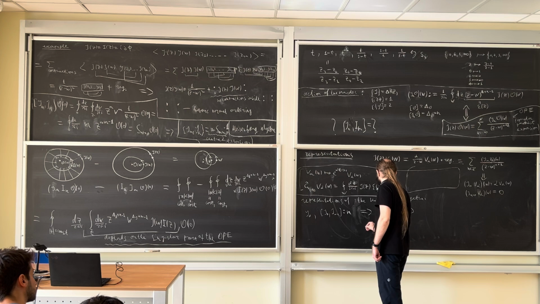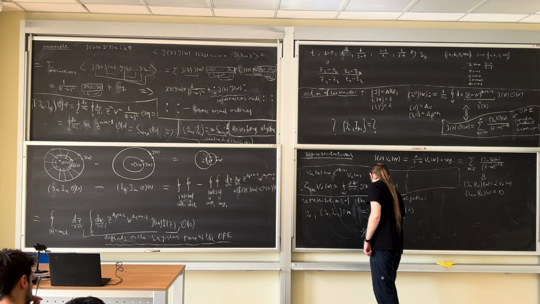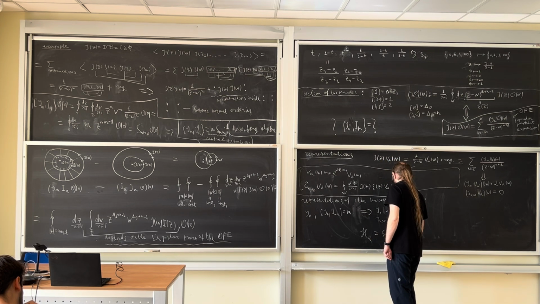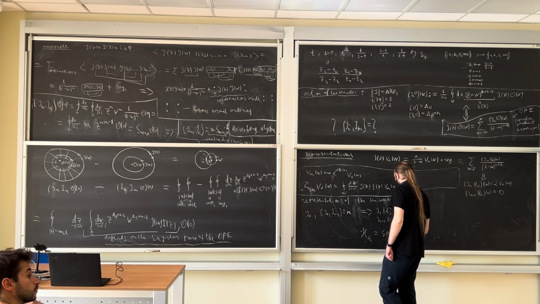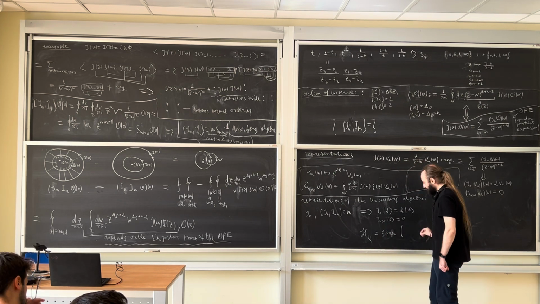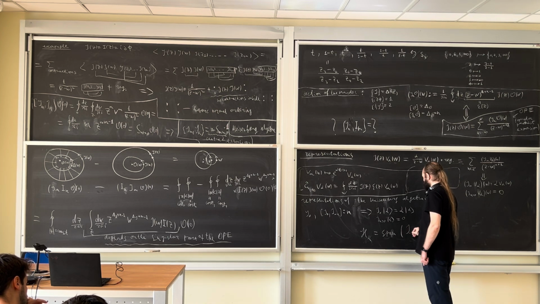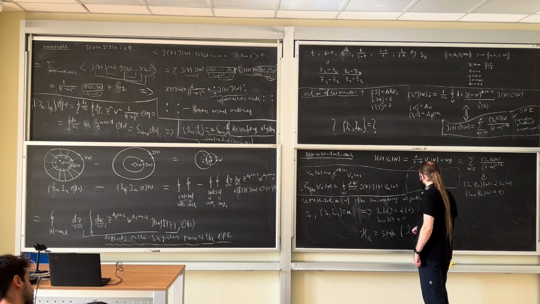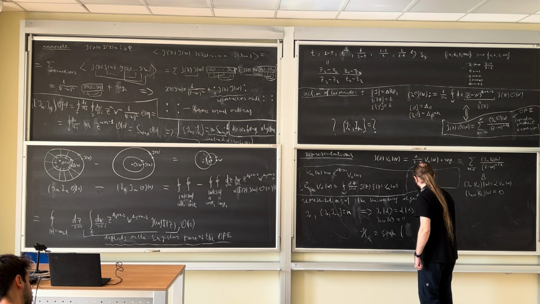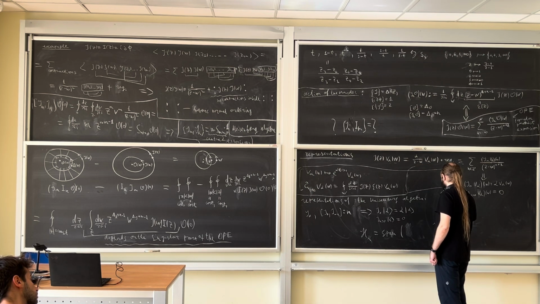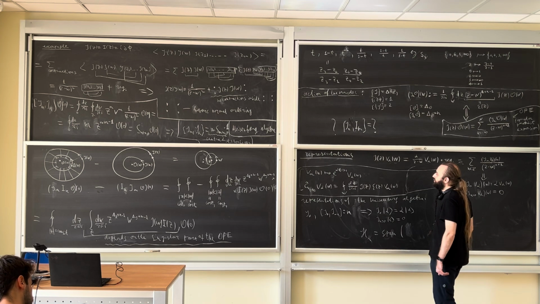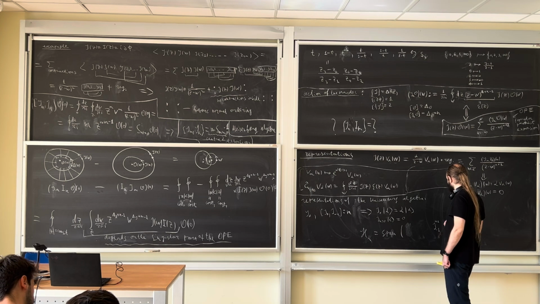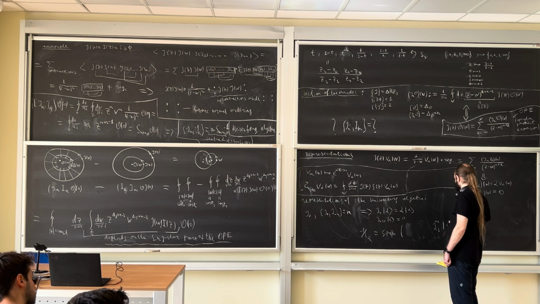So the space of this representation is a span of all the vectors of the form J minus 1 to the n1, and so on, acting on alpha.